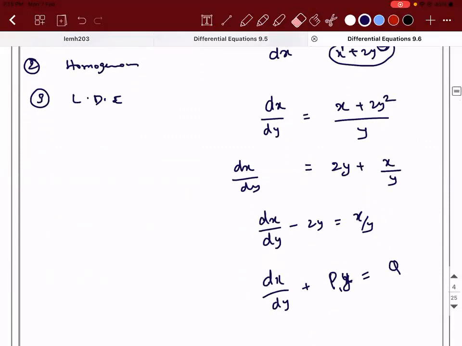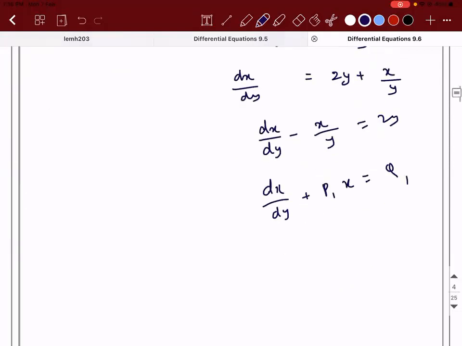The x by y term should have been on the left hand side. So dx by dy minus x by y is equal to 2y, that is dx by dy plus p1x is equal to q1. Now it makes sense. P1 is what? P1 is minus 1 by y, and q1 is 2y.